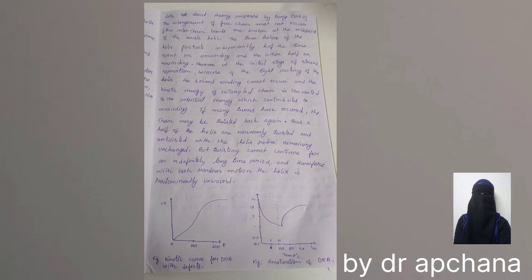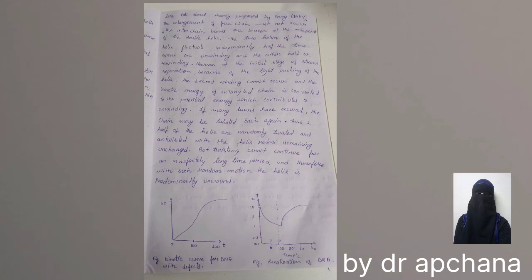However, at the initial state of strand separation, because of the tight packing of the helix, the second winding cannot occur, as the kinetic energy of the entangled chain is converted to a potential energy which contributes to unwinding. If many turns have occurred, the chain may be twisted back again.